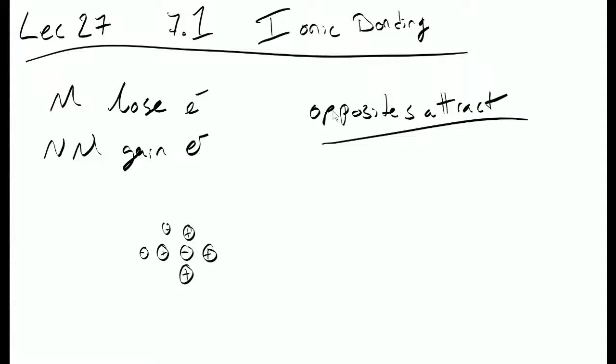Now, the actual structure of any given ionic compound can vary wildly. It's difficult to predict. But I should go ahead and say it is governed by the size of the charge, Q plus and Q minus, the positive and the negative charges, and also not just the size of the charge, but the radius of the ion, so the actual size of the ion.